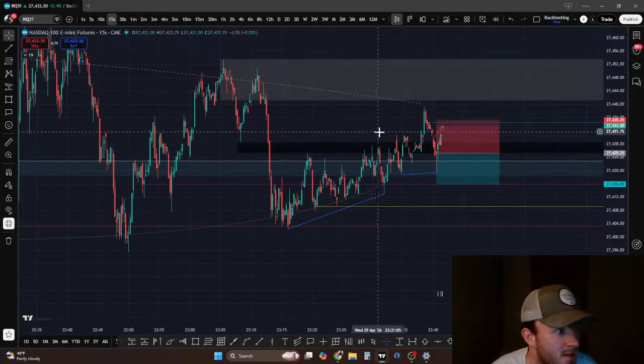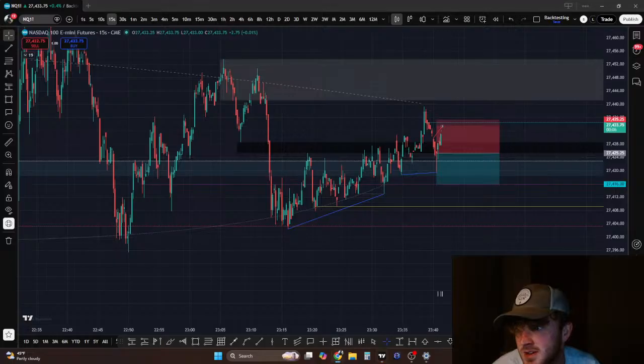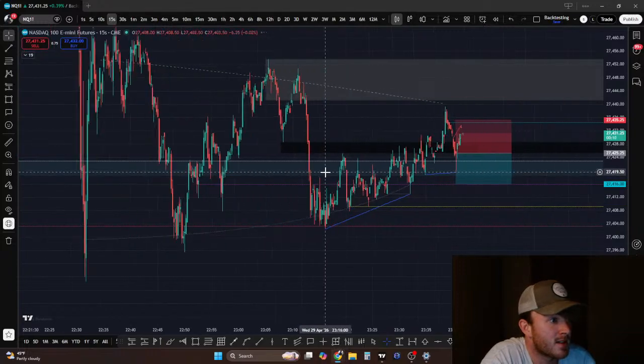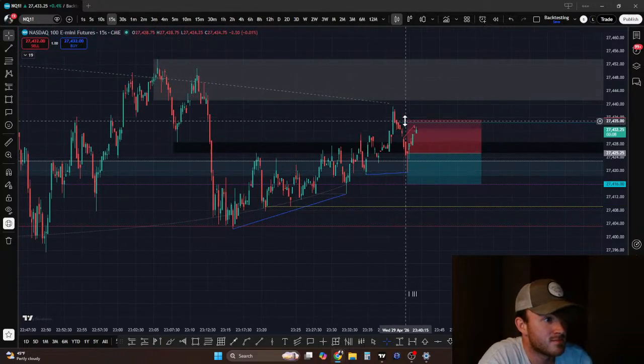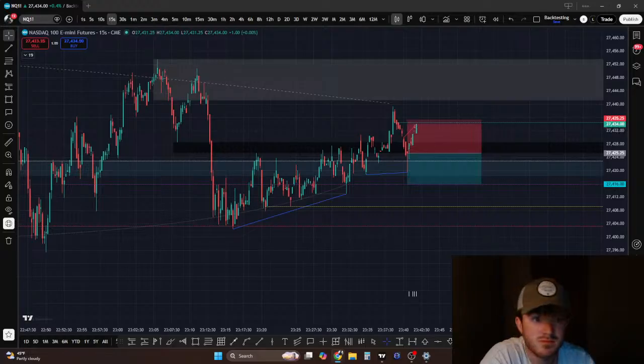This is probably not going to work. So I'll just keep stop loss right there, honestly. This is not going to work, clearly. I mean, it might, but... Stop filled.